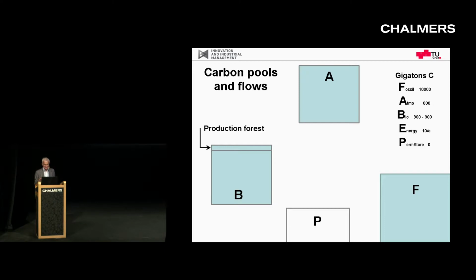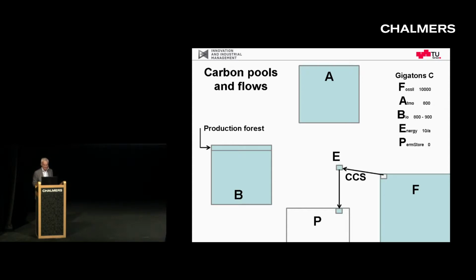Fossil around 10,000 gigatons, atmosphere, biosphere about the same, slightly below 1,000. Energy per year, carbon emission 10 gigatons per year, and the permanent store is empty at this point.